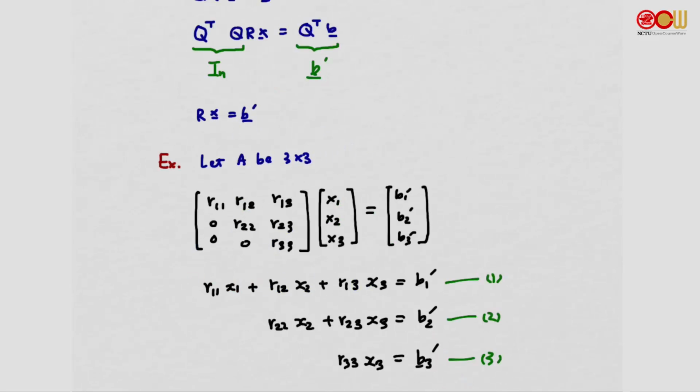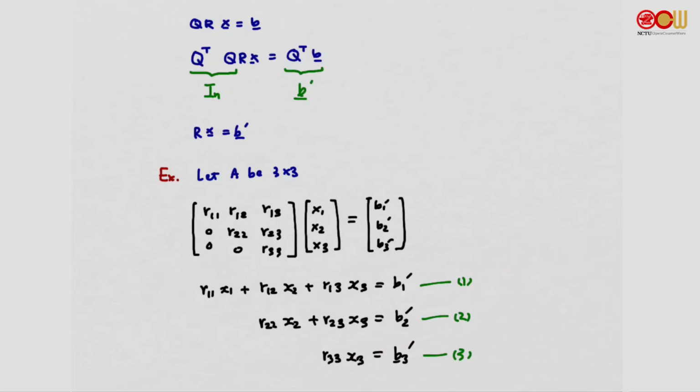If we write down the individual equations, then this is what we have. For the first one, we have r11 x1 plus r12 x2 plus r13 x3 equal to b1 prime. For the second equation, we get r22 x2 plus r23 x3 equal to b2 prime. And the last one, r33 x3 equal to b3 prime.